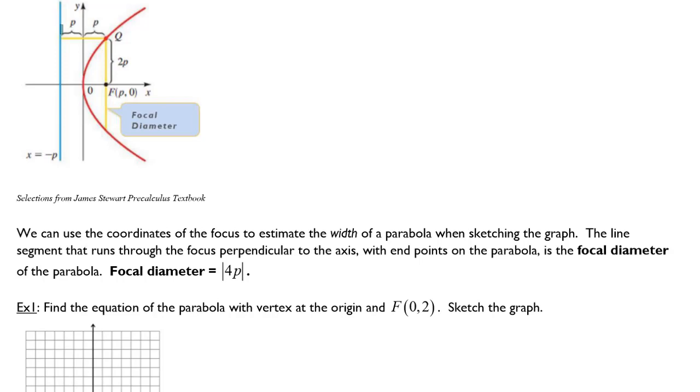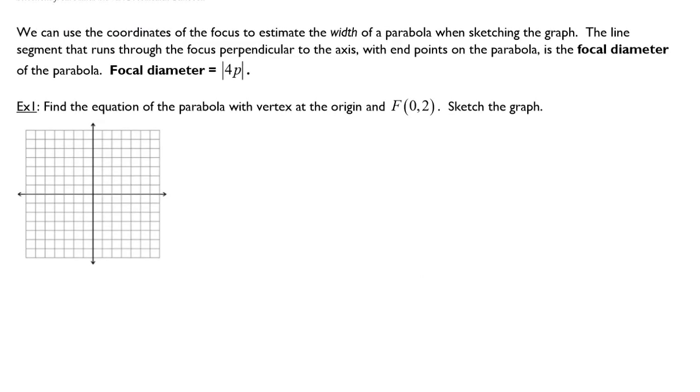P is the distance from the vertex to the directrix, and the distance from the vertex to the focal point in the x direction for this one, since it's opening to the right on this parabola. And 2p right here is the distance for the focal diameter.